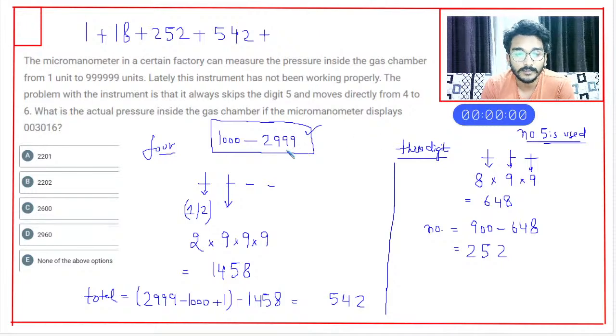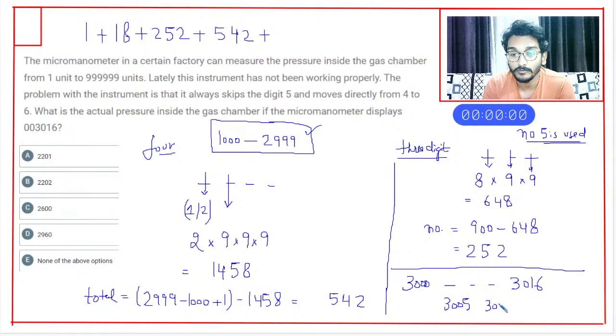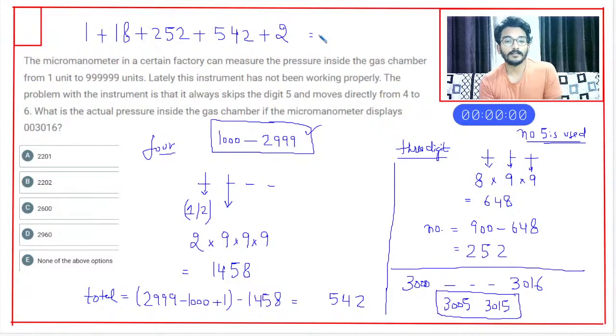And after 2999, we have the numbers from 3000 till 3016. Sorry, there are only two numbers having 5. So I'll subtract. Let's just count these numbers.